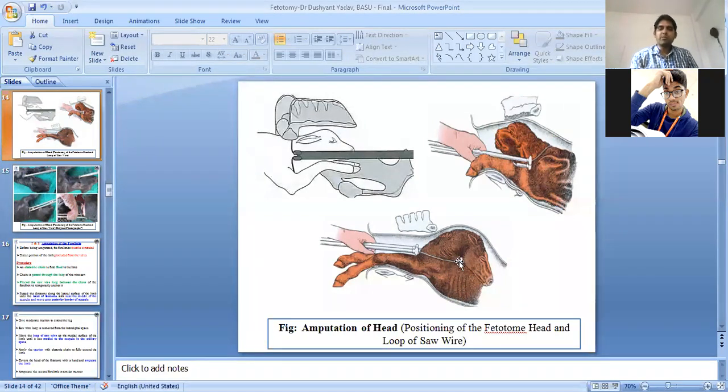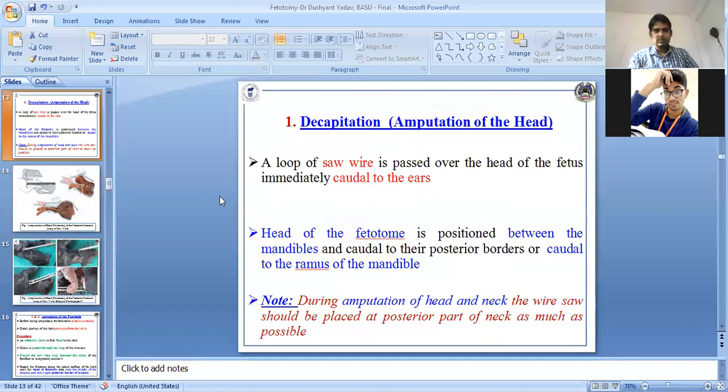The position of the wire and head of the fetotome is very important in fetotomy. So just remember, where is the head of the fetotome and where is the position of the wire.